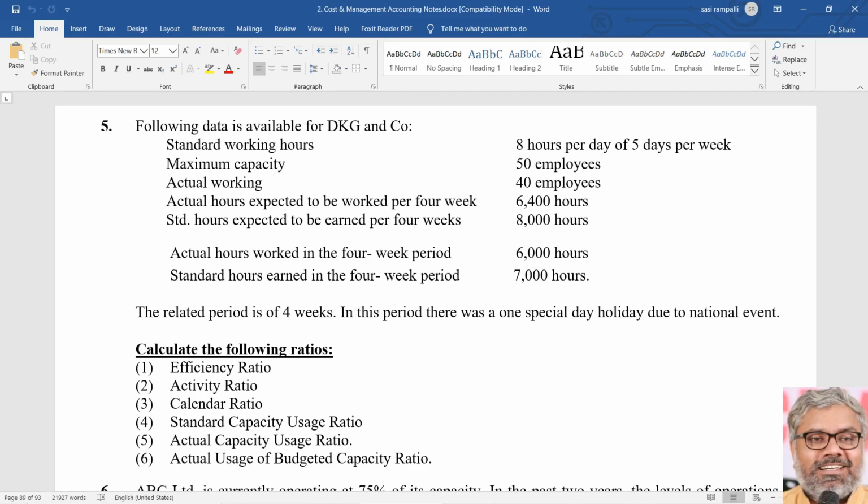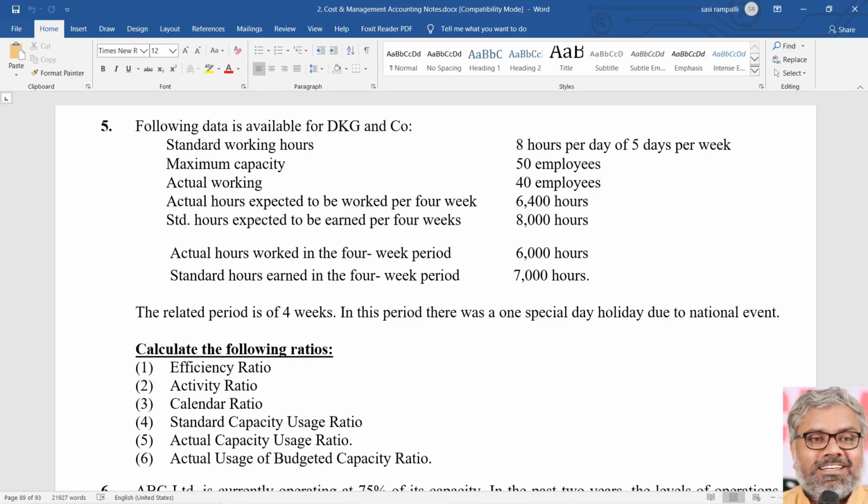No. Be very careful. Standard hours means standard hours required for actual output, not standard hours required for budgeted output. So actual hours expected to be worked for a 4-week period are 6,400 hours. That can be taken as budgeted hours. But standard hours expected to be earned for the 4-week period, 8,000, cannot be taken as SH.